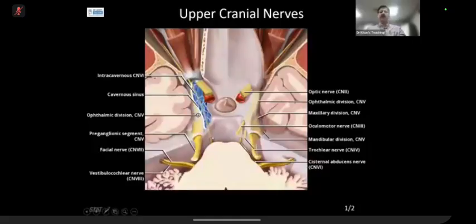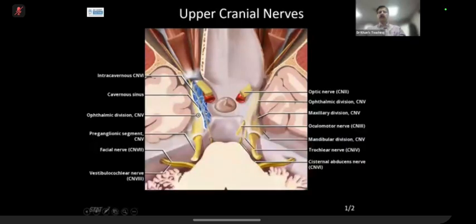You can see the anatomy here, that this is the region. It can affect this nerve, which is the 6th nerve. The 6th nerve passes into the cavernous sinus, and then it supplies the lateral extraocular muscle, the lateral rectus. So the patient will present with palsy of this lateral rectus.